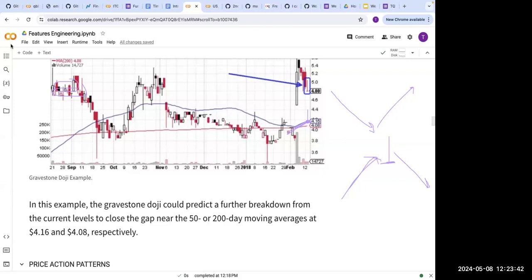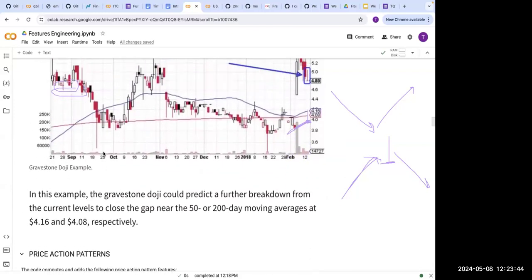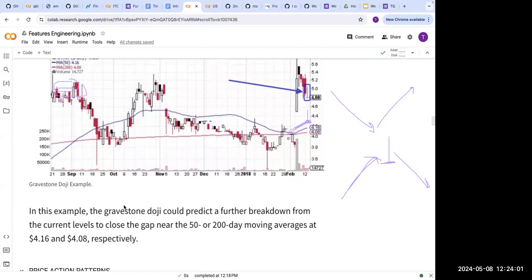Why would this happen? It's because your open and close price have been the same, but the stock is now set to reverse, right? So it's going up, but it's not going to go significantly up. It's just a momentum thing. So now your momentum has to reverse.